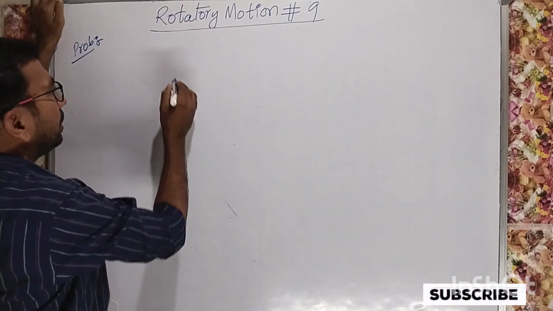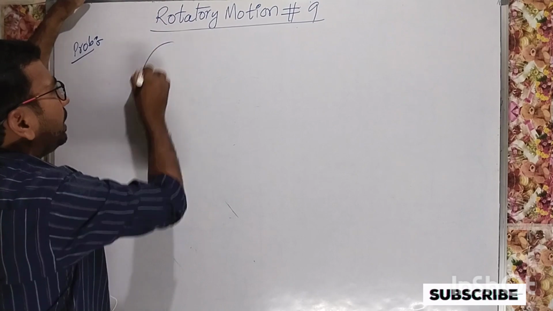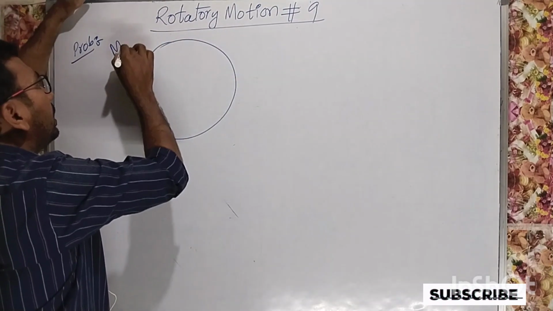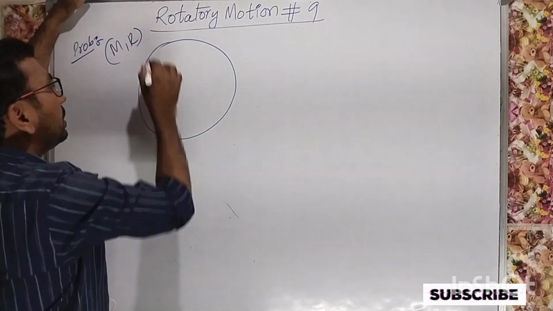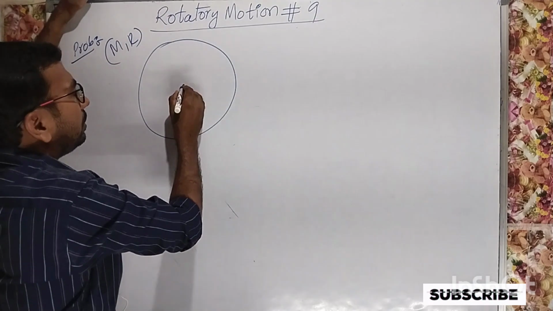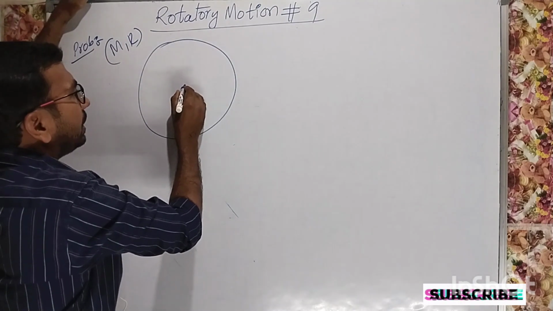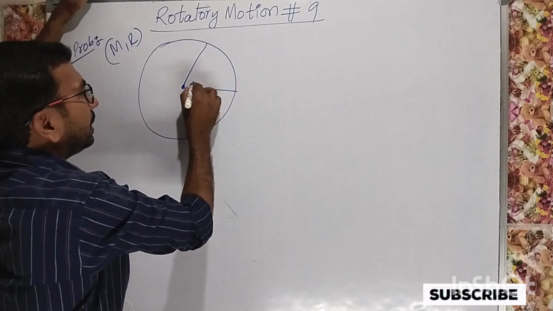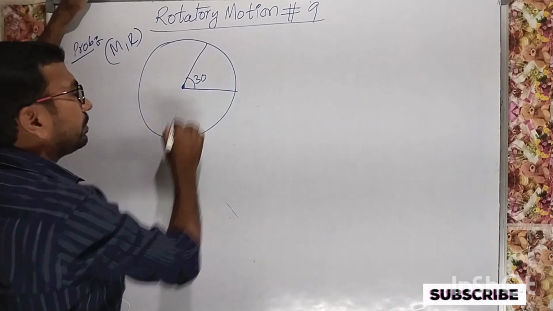So next question. A complete ring of mass m and radius r, from which an arc that makes an angle theta, an arc that makes an angle 30, is removed from the center.